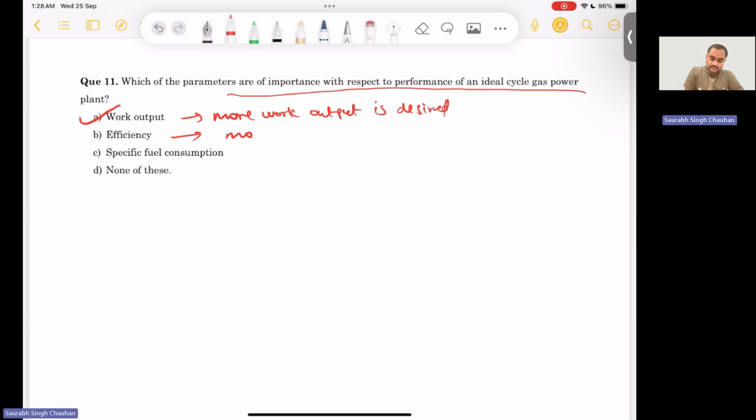Similarly, more efficiency and less, we want lesser specific fuel consumption.